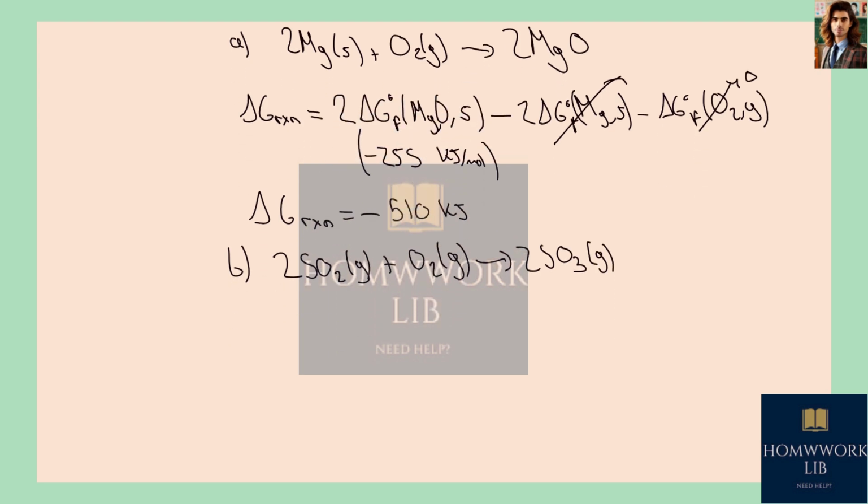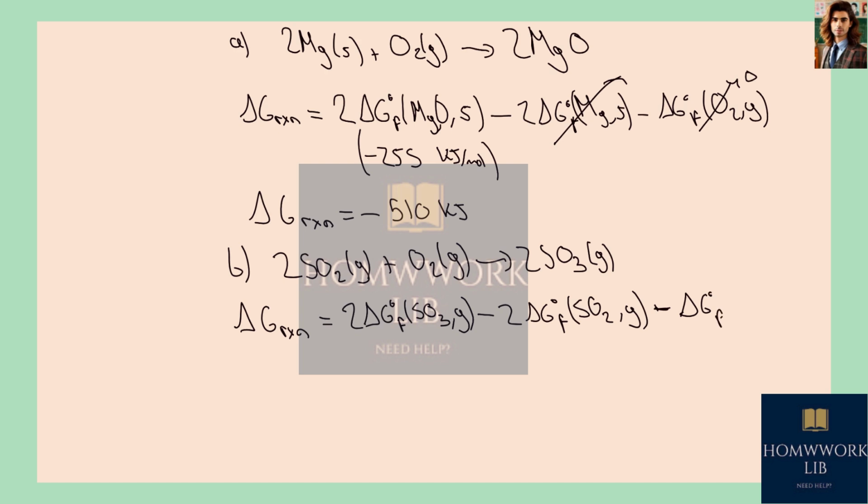Again, delta G of reaction is going to be 2 times delta G naught of formation of SO3 gas, minus 2 times delta G naught of formation of SO2 gas, minus delta G naught of formation of oxygen gas.